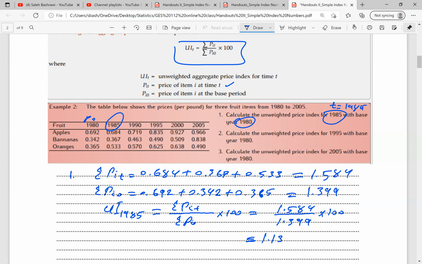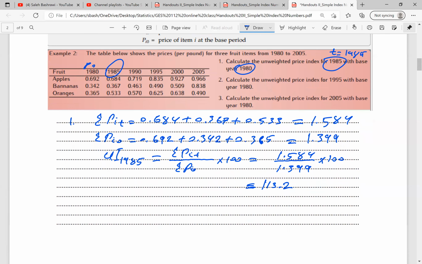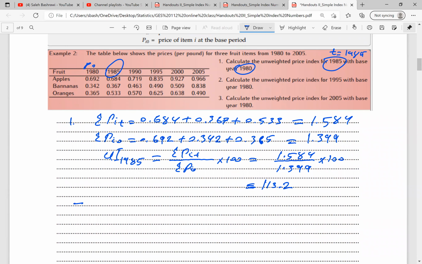Multiplying by 100, it is 113.2. This means the price has increased by 13%.